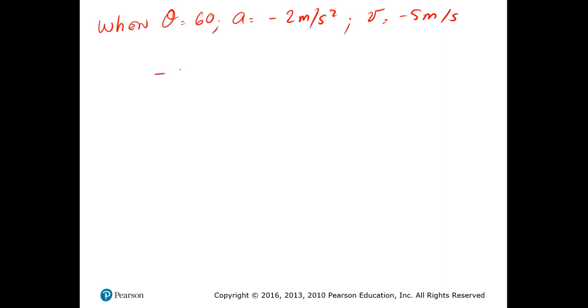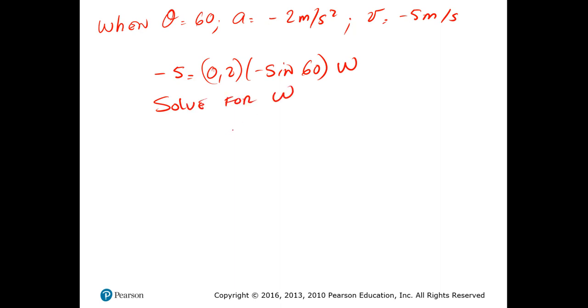So the first one is minus 5 equals 0.2 multiplied by minus sine of 60, and that is multiplied by omega. If I solve for omega, then I will get that omega is equal to 28.9 radians per second, right?